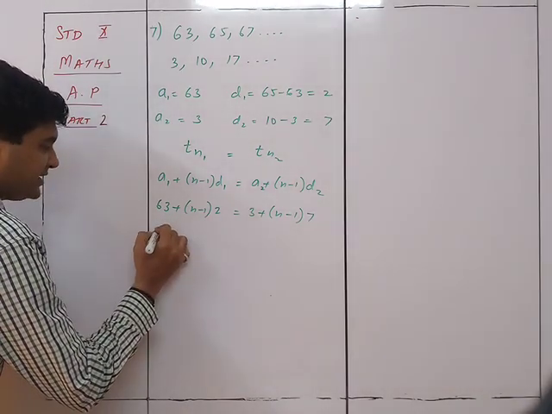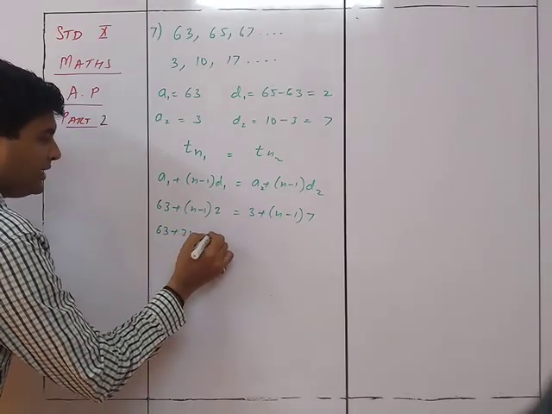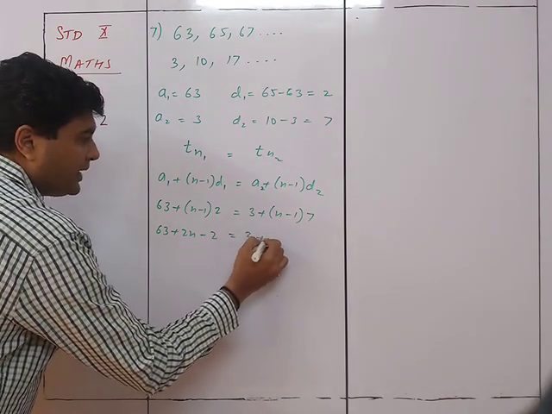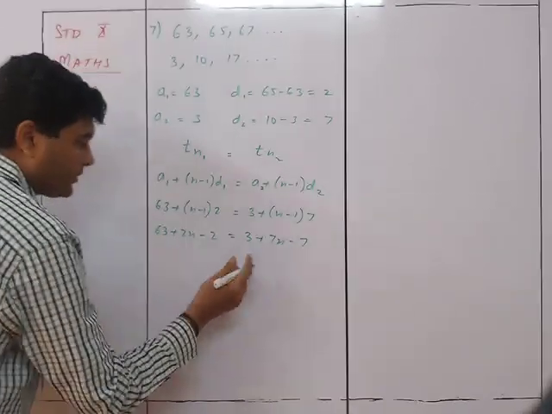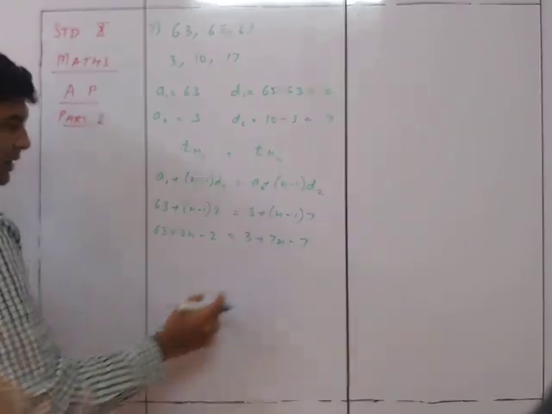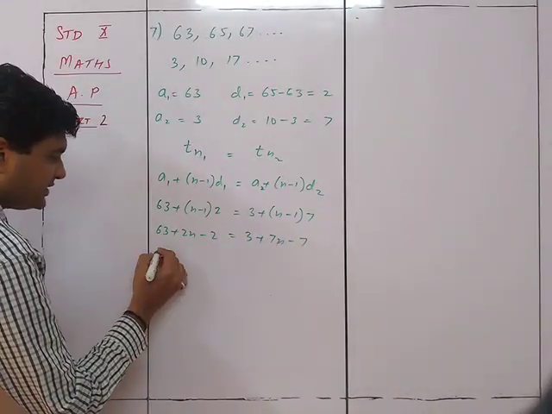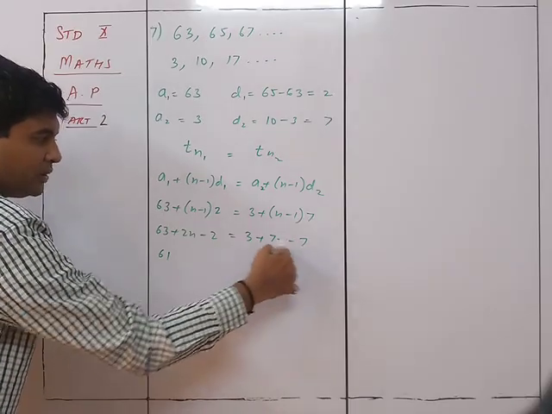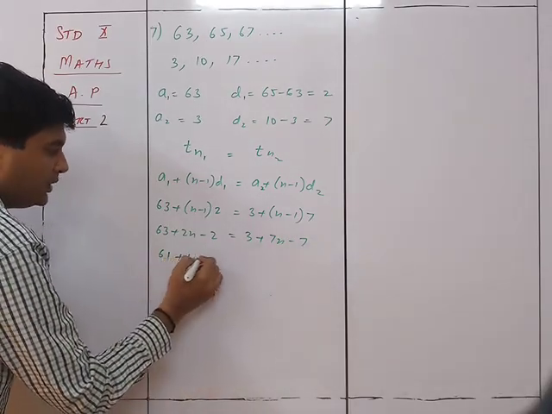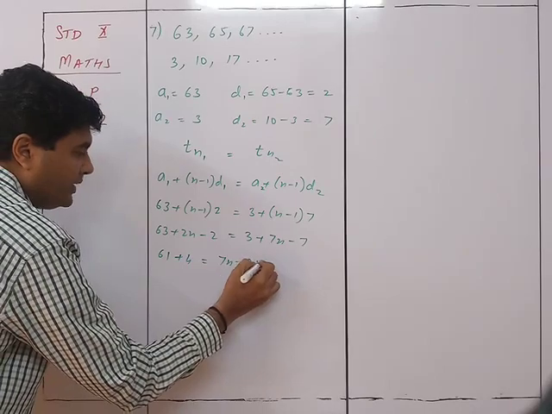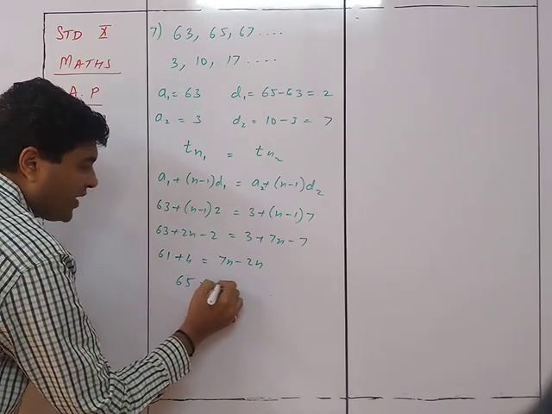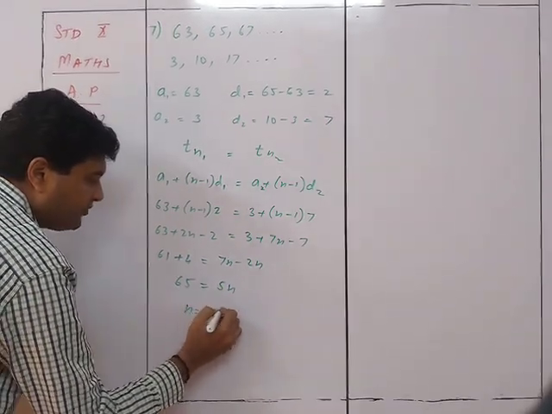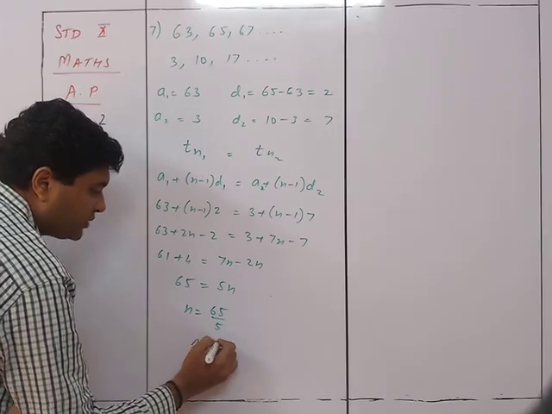Opening the brackets, it will be 63 plus 2n minus 2 equals 3 plus 7n minus 7. Let's make n on this side and the others on this side. So it is 61 over here and this is minus 4. When it comes here it will be plus 4, equal to 7n minus 2n. So 65 equals 5n. So n will be equal to 65 upon 5, so n equals 13.